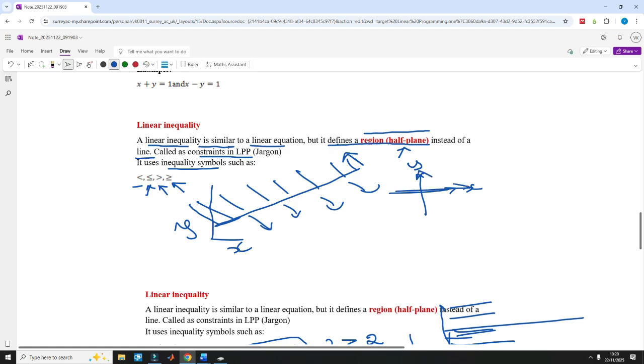I can skip it like that instead of using too many mathematical terminologies. We can just stick to the basics. If you have x and y, which is two-dimensional, isn't it? The x-axis is one dimension, the y-axis is one dimension, and a linear inequality defines a region instead of a straight line.